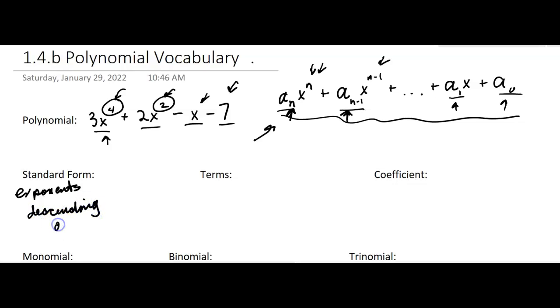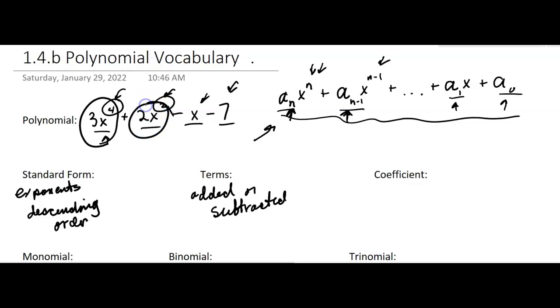You put your biggest exponent first. Terms are things that are added or subtracted. In my example up here, I had 1, 2, 3, 4 terms, okay?